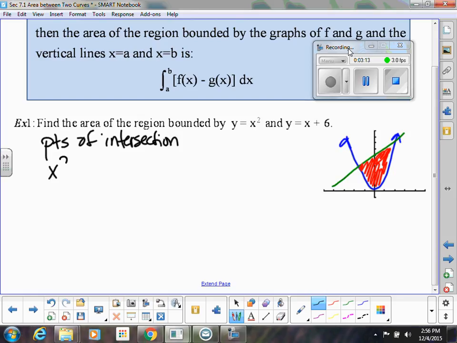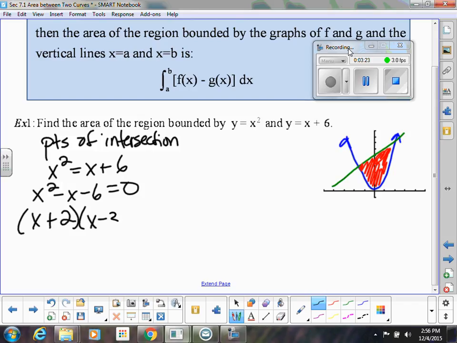I'm going to set those two things equal to each other and solve. Okay, so I'm going all the way from x equals -2 to x equals 3.